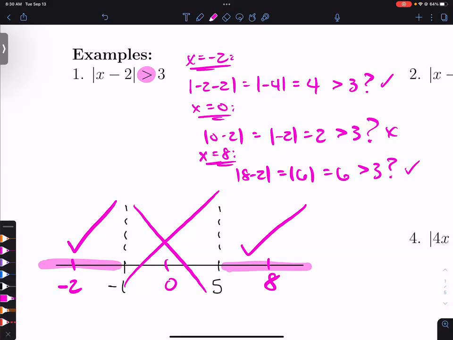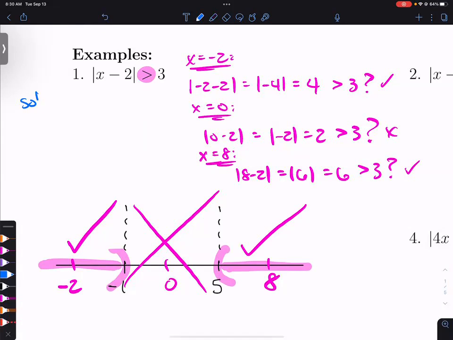We want strictly greater than rather than greater than or equal to. What happens at the endpoints? If x is -1 or if x is 5, what do we get on the left-hand side of this? 3, right? Well, 3 is not greater than 3. So I don't want to include those. I want to go right up to them, but not include them.